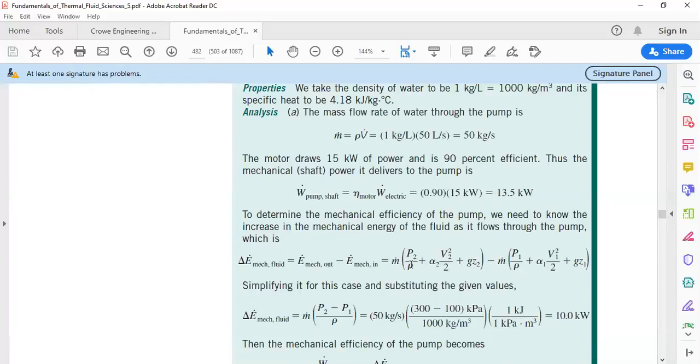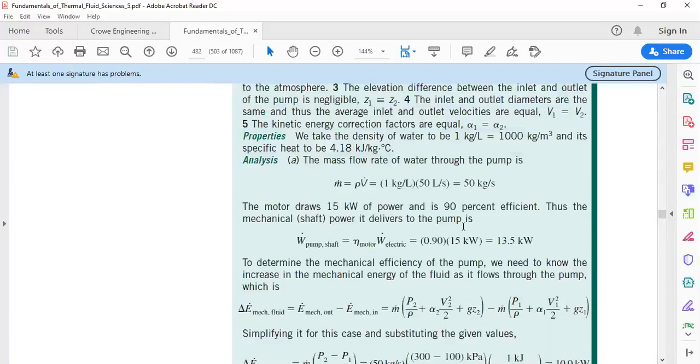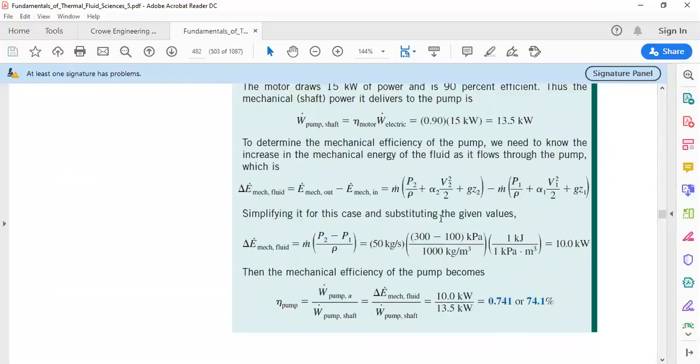This is for the output, and similarly for the input. Now, it tells us to neglect the elevation differences, so gZ2 minus gZ1 is 0. Besides, since the diameter of the pipes is the same, that means V1 and V2 are also the same, so they will cancel.